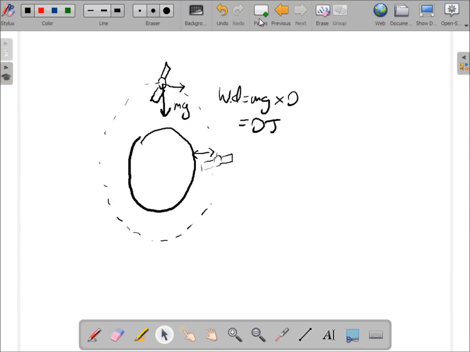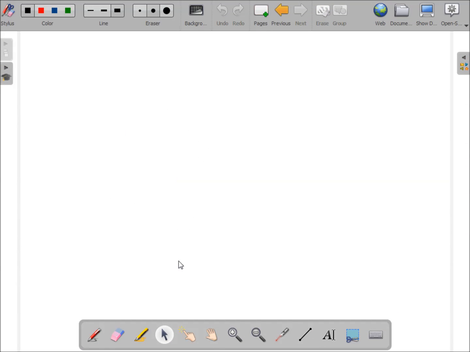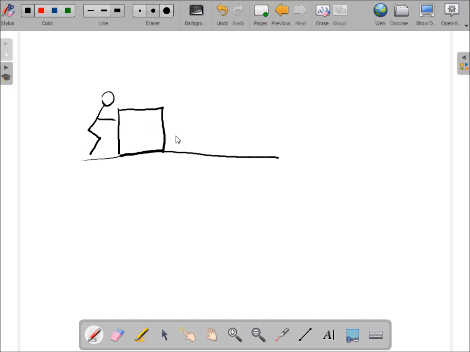Now we're going to look at one more example just to try and clear up some misconceptions about work done, and that's pushing a box along the floor. So we have a surface and we got a box and we're pushing along the floor. So let's draw a guy who's pushing it. Now in this situation what we're doing is overcoming the force of friction.